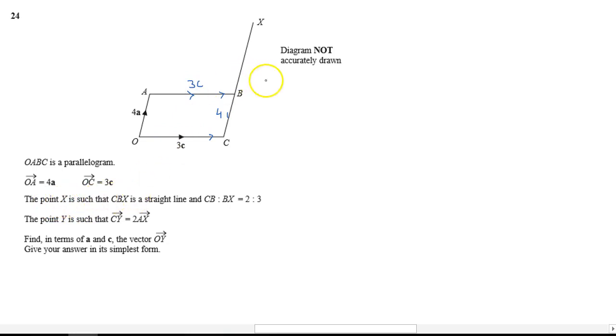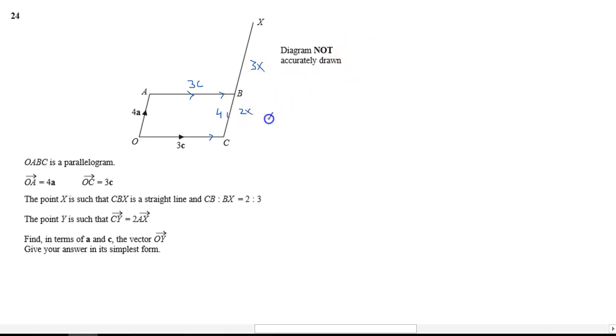X is a point such that CBX is a straight line, and these are two parallel lines now. CB to BX is 2 to 3. So this is 2 to 3. If this one is 2x, this is 3x.